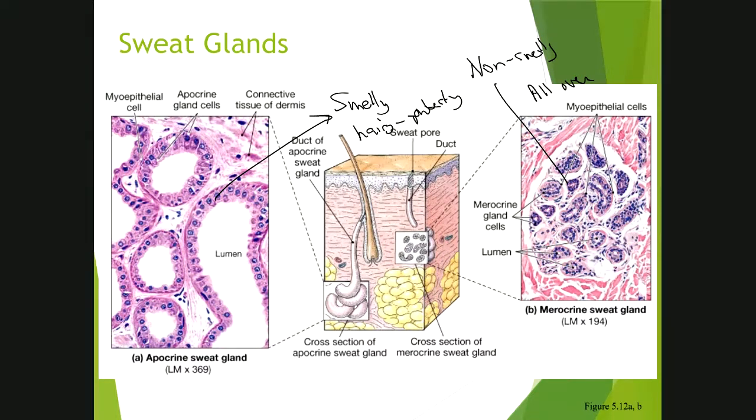And so this is things like your armpits and your groin area, the pubic area. And so if you think about armpits, the groin, also around the anus, places like that, those areas have body odor. So body odor is actually produced by bacteria.